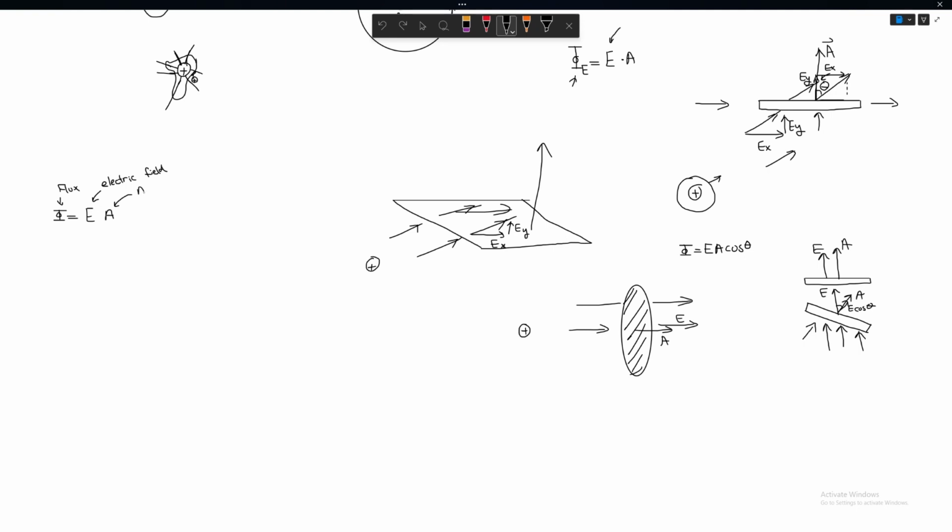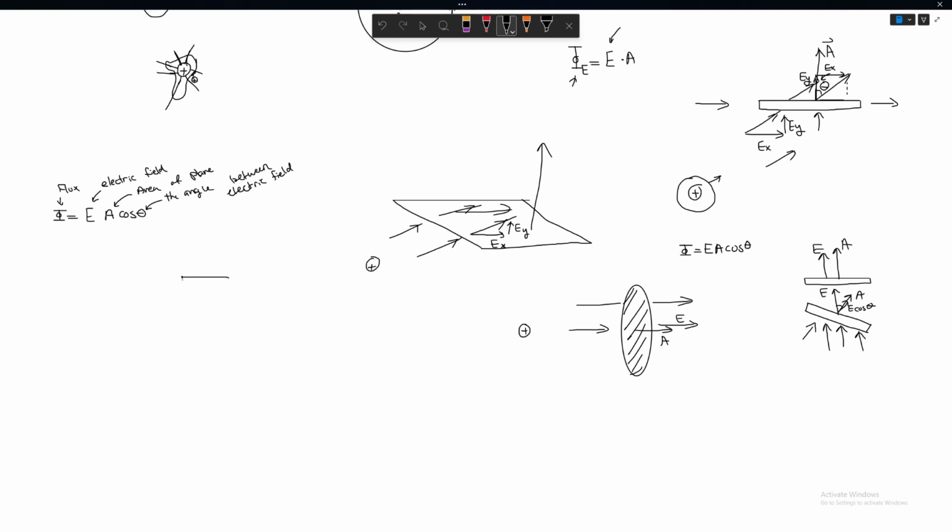So this is going to be the area of, you can say, a plane, or area of anything really, or area of a circle. Okay, and we're going to do cos theta. Theta is the angle between the electric field and the face where you're trying to measure it from.